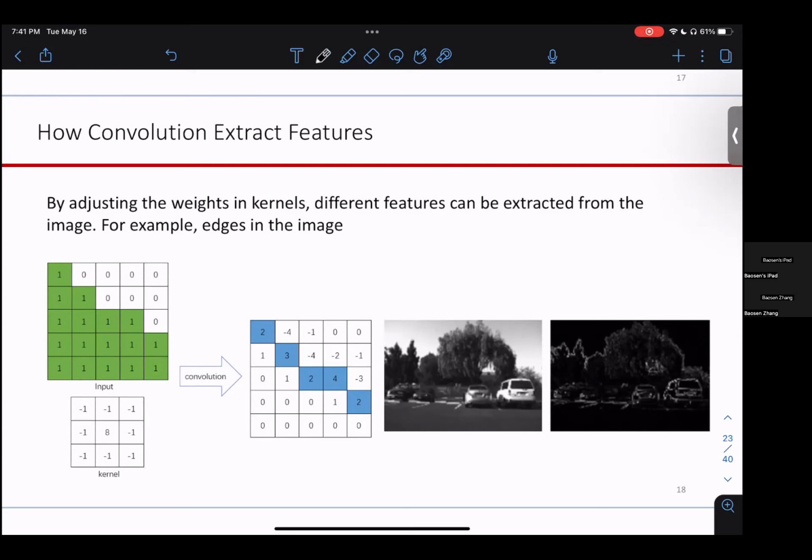It depends on the pixel values. But how do you tell the difference in pixel values?